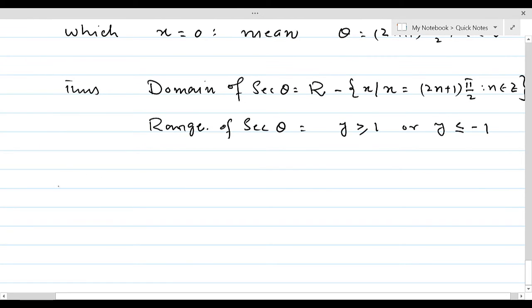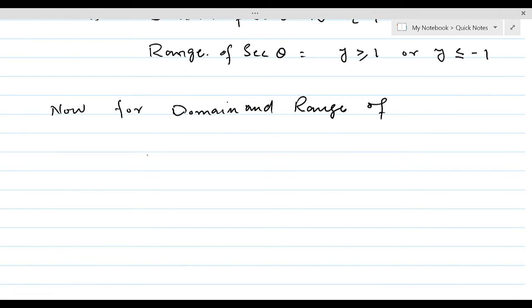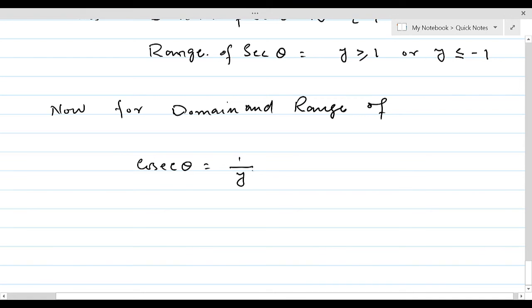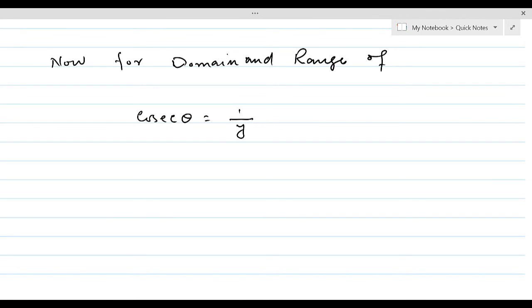And now at the end, domain and range of cosecant theta. Cosecant theta is equal to 1 over y. Here we have to eliminate from the domain, from the real numbers, those values of theta for which y is equal to 0.